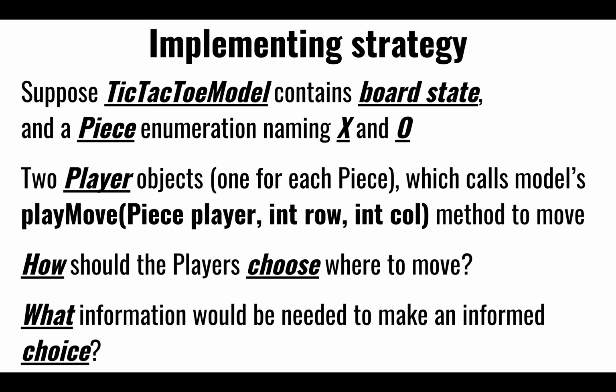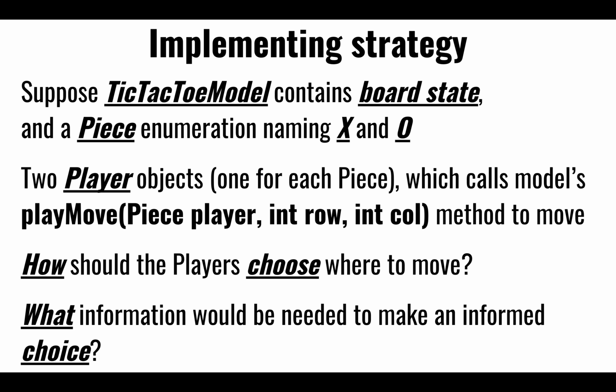It would be a function called play move that takes in the model and the current player, and comes back saying, okay, player X or player O should move into position 3, 2 or something. So that would be the result.